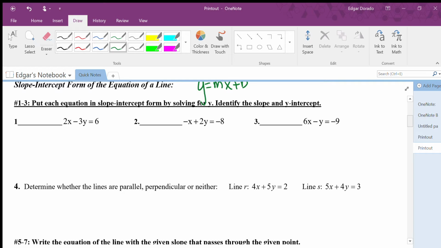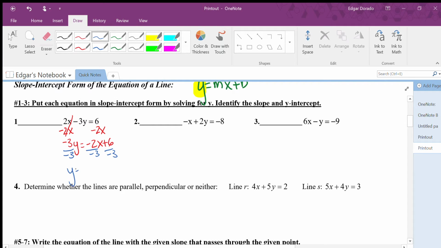So again, in slope-intercept form, we want the y by itself. So let's do that here. In order to do that, I'm going to convert my 2x, which gives me negative 3y equals negative 2x plus 6. Once we have that, we can divide everything by negative 3 to get the y all by itself.